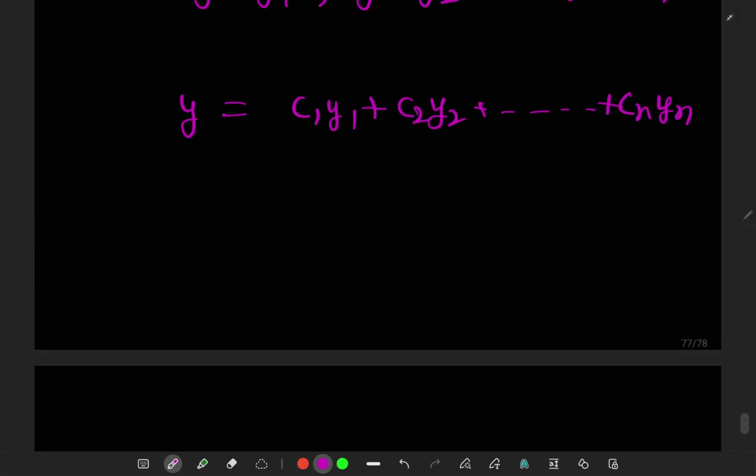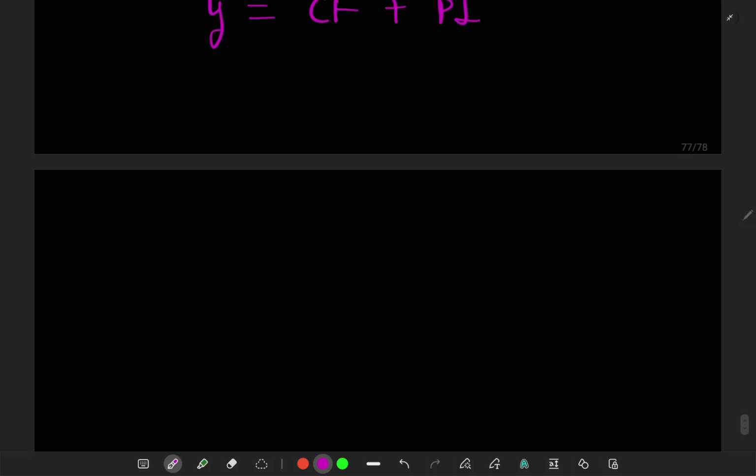Here, if the equation is non-homogeneous, then we need its complementary function and particular integral. So we write here for a non-homogeneous differential equation, complementary function plus particular integral.